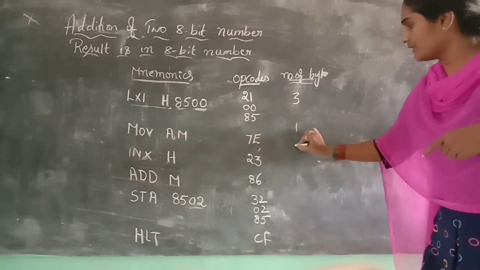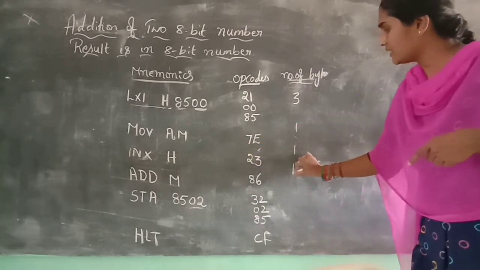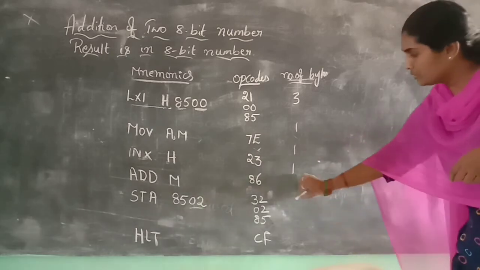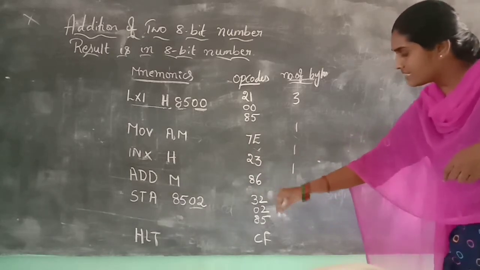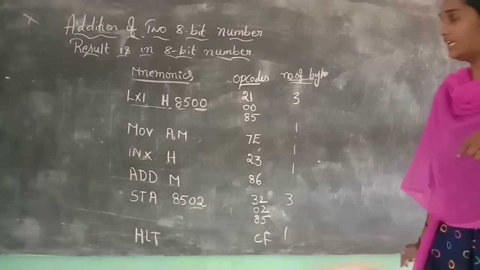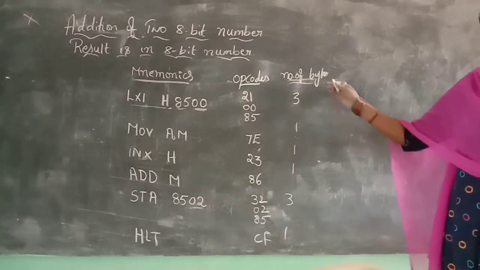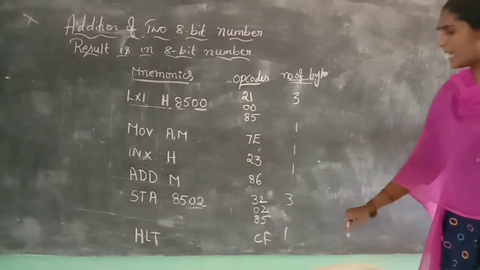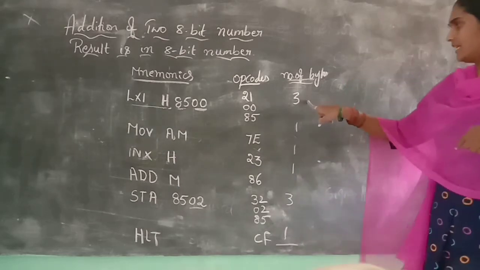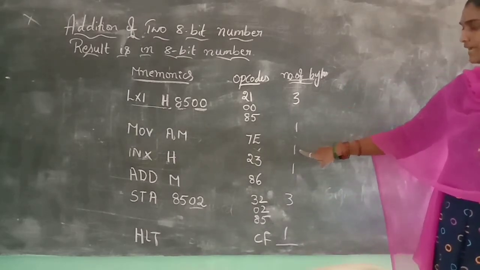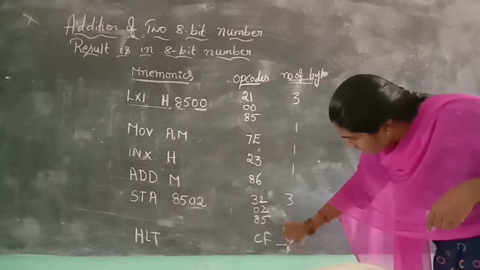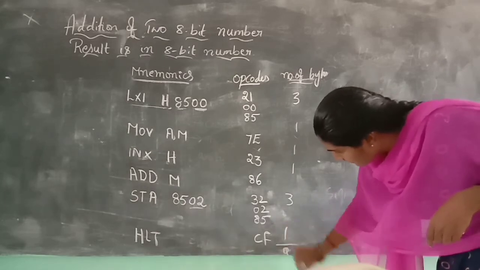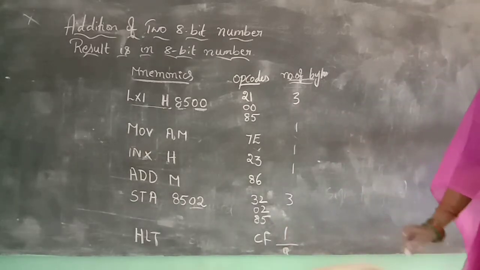INX H: 1 byte. Add M: 1 byte. STA 8502: 3 bytes. For halt, only 1 byte. Totally, the program consists of how many bytes? 3 plus 1, 4, 5, 6, 9 bytes. Total bytes are 9.